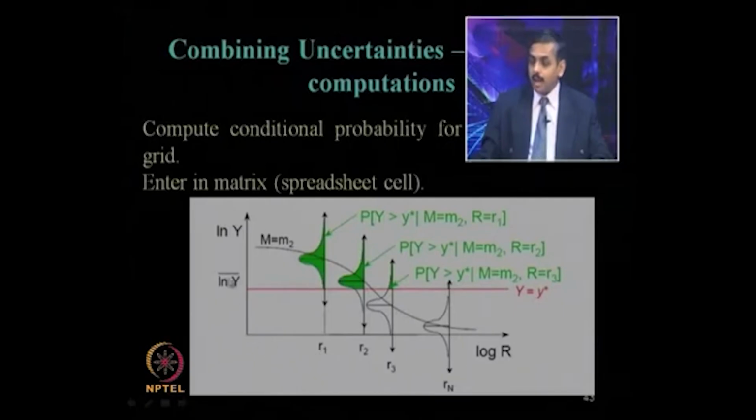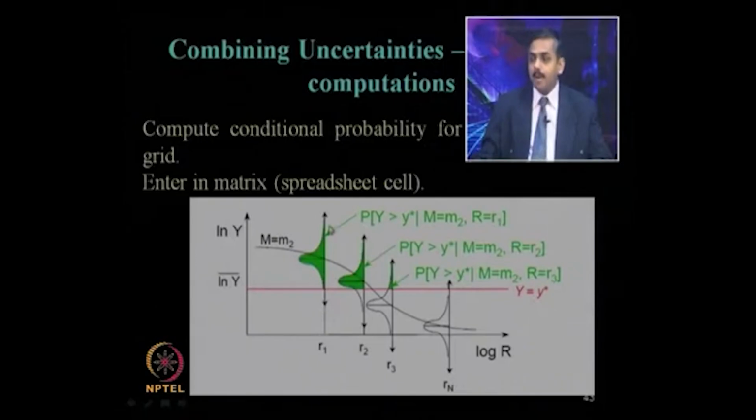Here you get this mean value, let us say y equals y star, about which we are interested. At various distances, R1, R2, R3, each will have some kind of standard error.